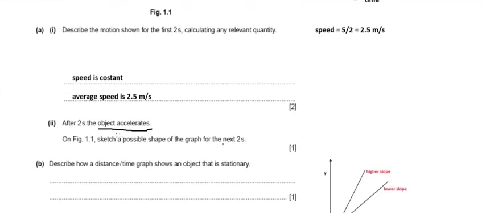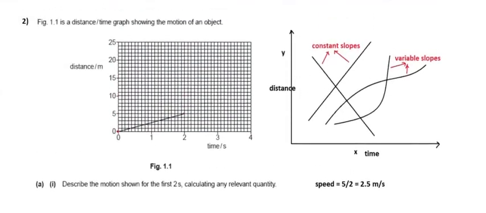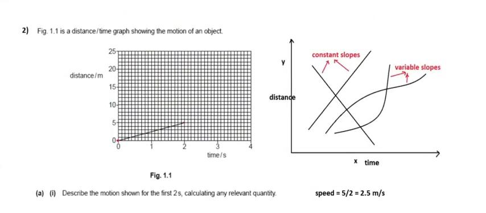And here we want to show the line for which the object is accelerating. When an object is accelerating, the speed should increase continuously, and in this graph the speed is indicated by the slope.